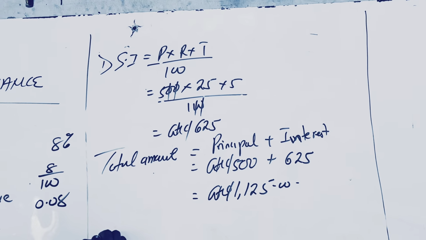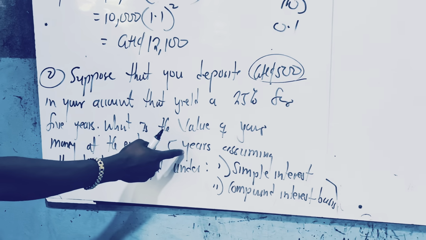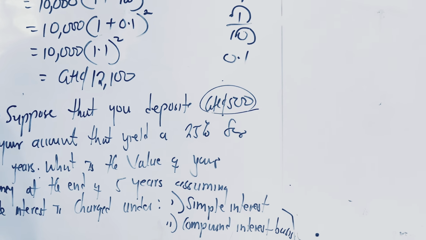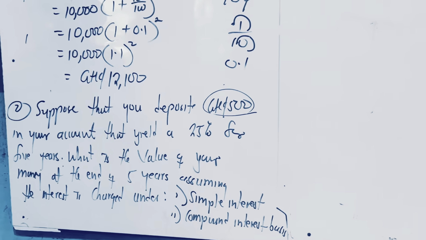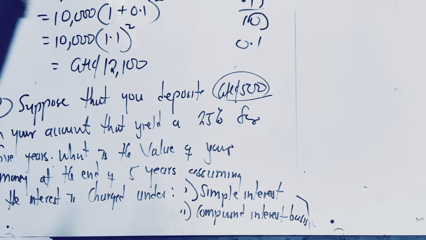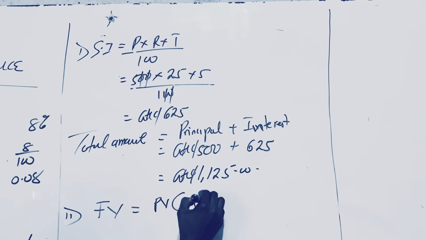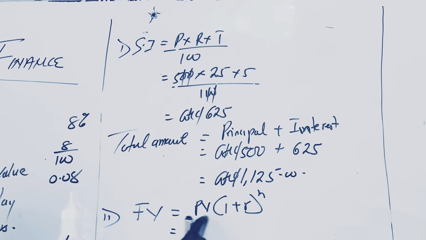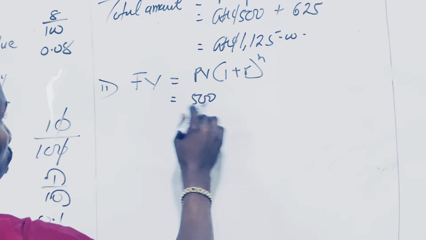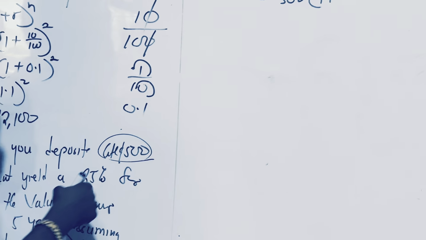Now the question is, calculate the value of money at the end of 5 years, assuming interest is charged under compound interest. So under compound interest, remember when I was discussing the compounding, I said it is used to find the future value. So our future value can be written as this, where the PV is the present value, the amount of money you deposited, which is 500. Then the R is your interest rate, which is 25%.